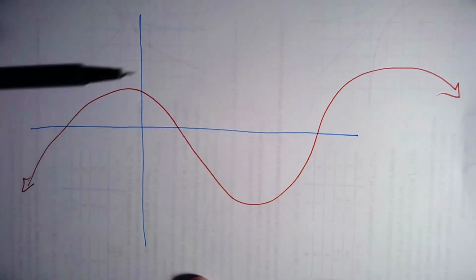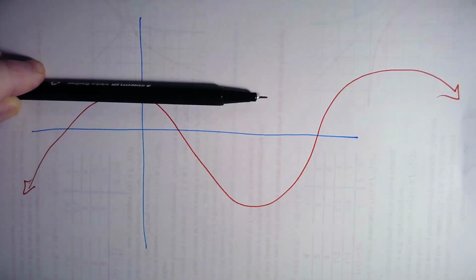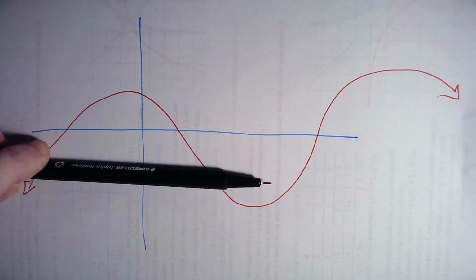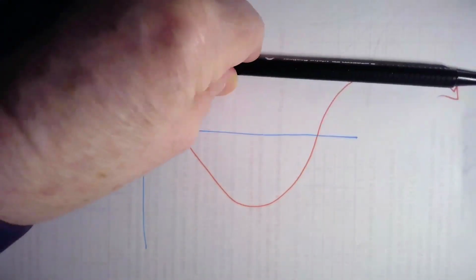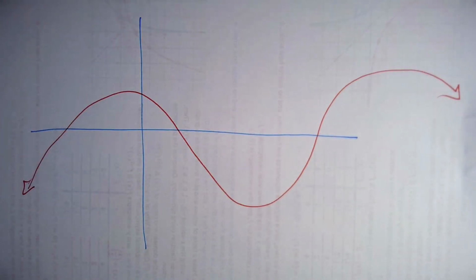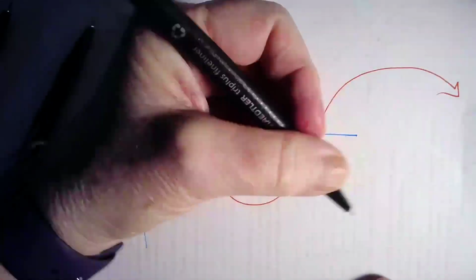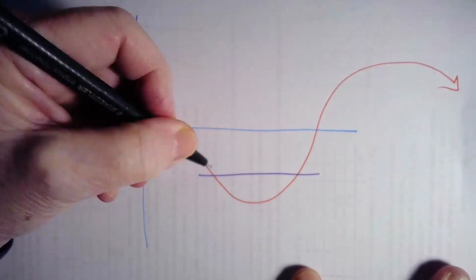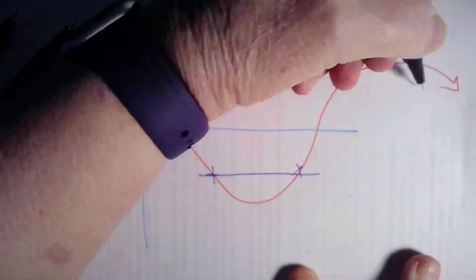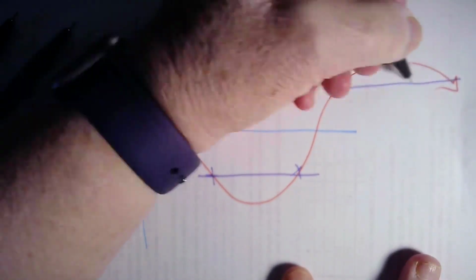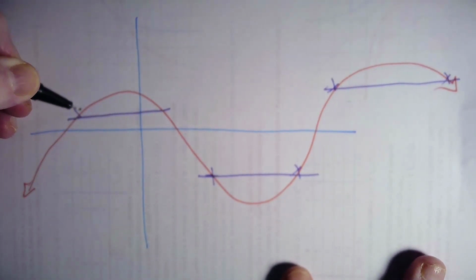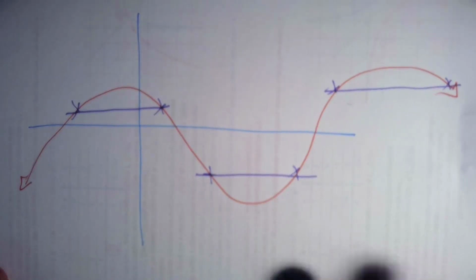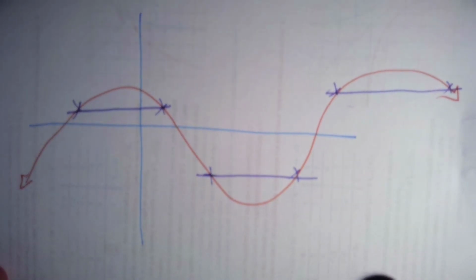But what about a horizontal line? Does it fail the horizontal line test? Like 3 times. Yes, exactly.